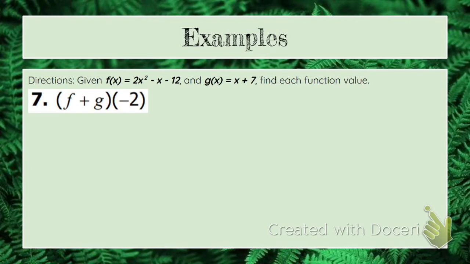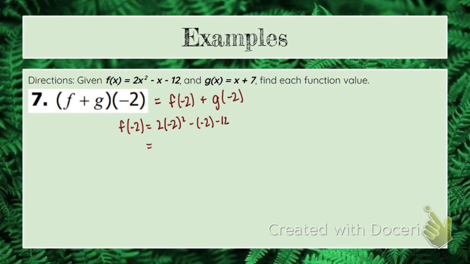So the first example of the second section, instead of f plus g of x, we have f plus g of negative 2. And this is when it's helpful because it saves you a step, to know that f plus g of negative 2 is equal to f of negative 2 plus g of negative 2. So we're going to find f of negative 2 by just substituting negative 2 in for every x.